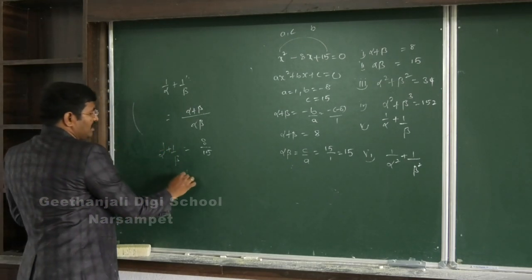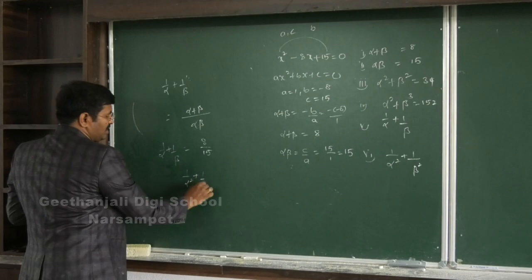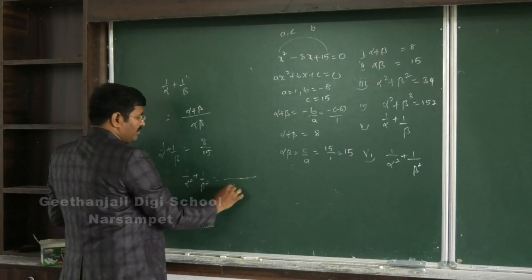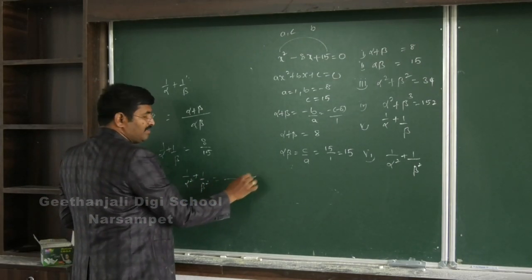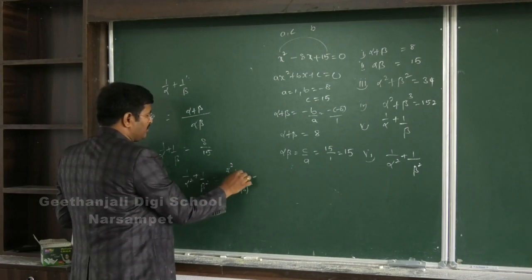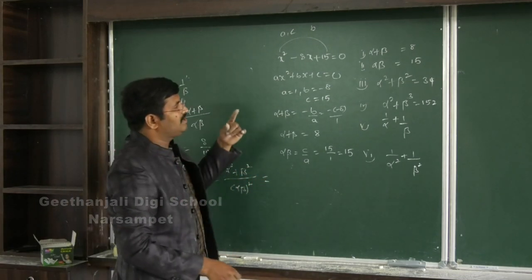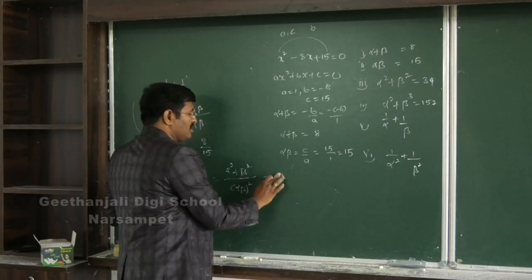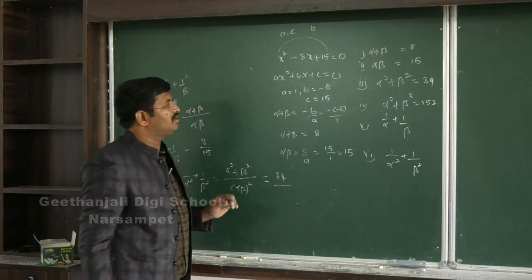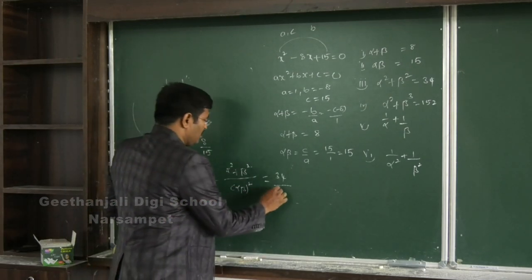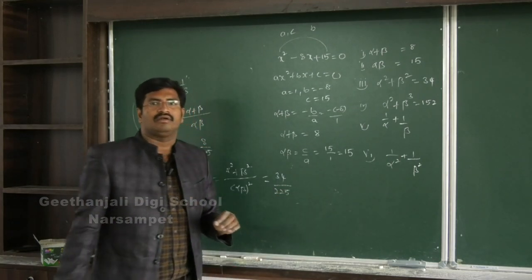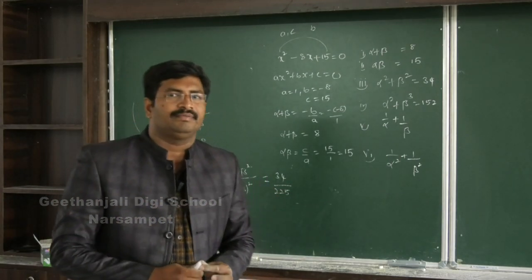Next, in the same way, 1 by alpha square plus 1 by beta square: take the LCM, alpha square beta square, and the numerator is alpha square plus beta square, which is 34. The denominator is alpha beta whole square, that is 15 square, which is 225.